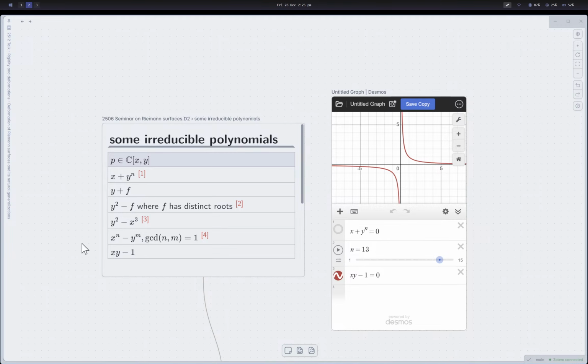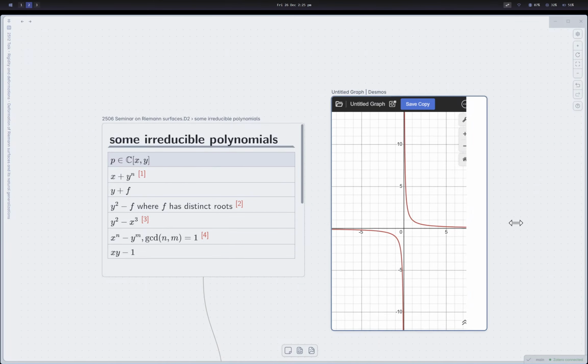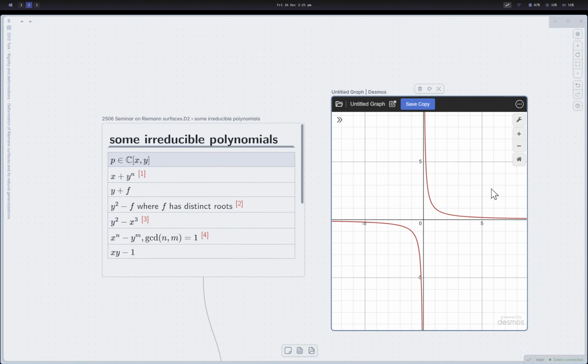Other good examples are written here. For example, xy minus 1, whose real points are this. This is a rectangular hyperbola. We can see the real points have two connected components. But if I draw the picture in C^2, it will be connected because it's irreducible, I think.